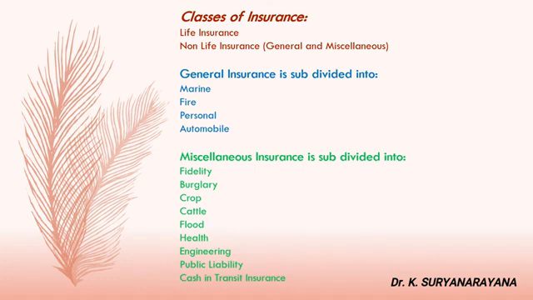Under the Public Liability Insurance Act, all companies and persons owning and dealing in hazardous goods which may cause loss to the public due to accident, bodily injury, or disease are required to take this policy. Cash in transit. An insurance policy in which the insurance company will compensate the amount if the money is stolen or lost while it is being moved between two places.